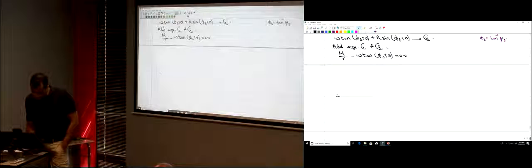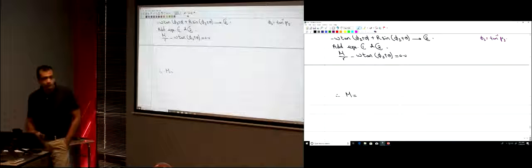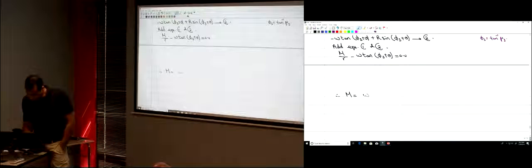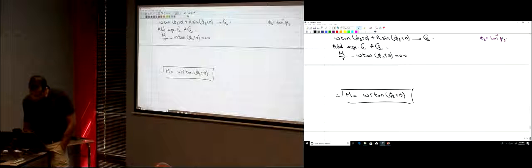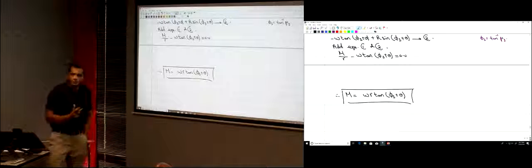So therefore, the required moment is equal to W R tan(phi_s plus theta). That's the required moment to start the rotation.